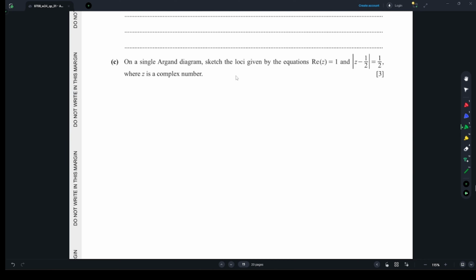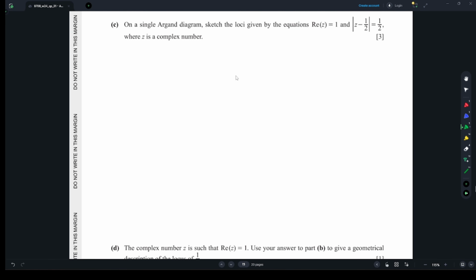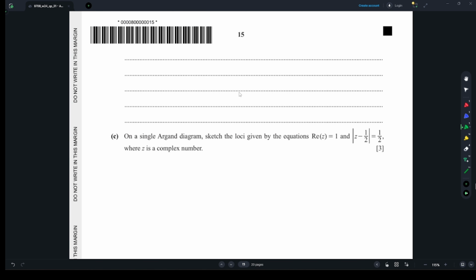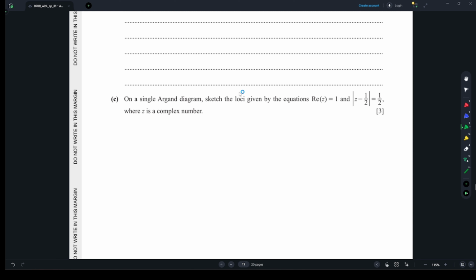Okay, now let's go to part C. On a single Argand diagram, sketch the locus given by the equation real z equals to 1 and the modulus of z minus half equals to half, where z is a complex number. So you have to remember some theories here.